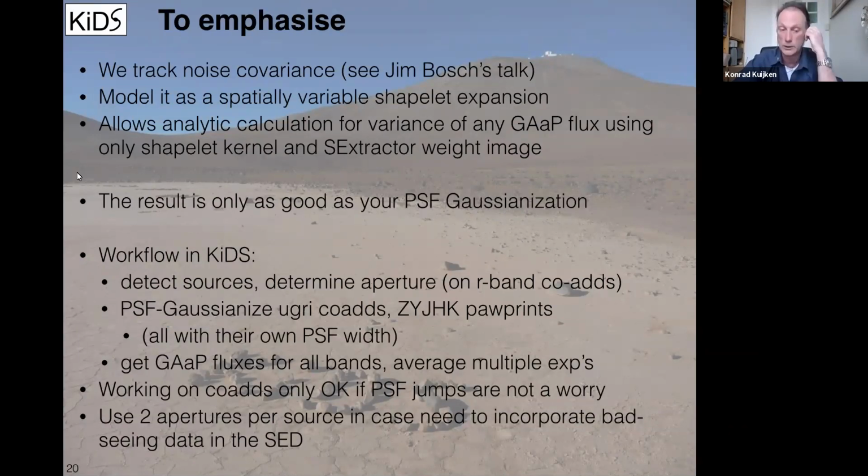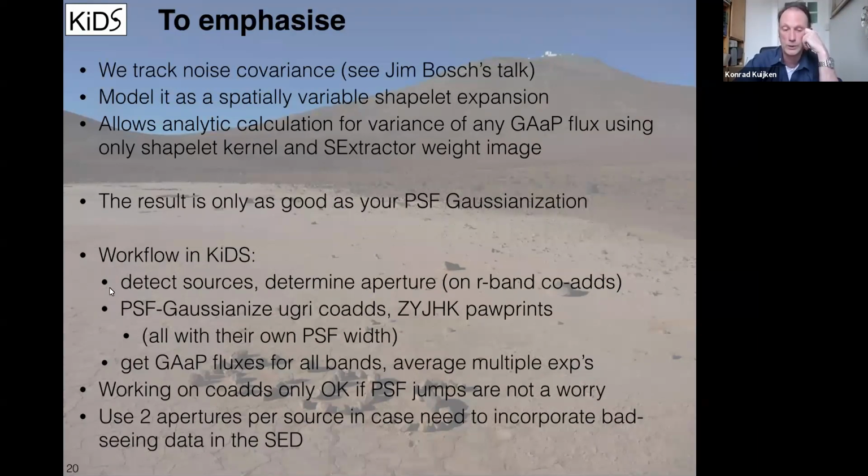And you can actually do this all analytically if you have an analytic model for the kernel, as we do with our shapelet series. So all you need is the weight image out of SExtractor, for example, and your shapelet kernel, and that tells you all you need to know about the noise properties in your PSF Gaussianized image. And the result of your GAaP photometry will be as good as the result of this step can be.